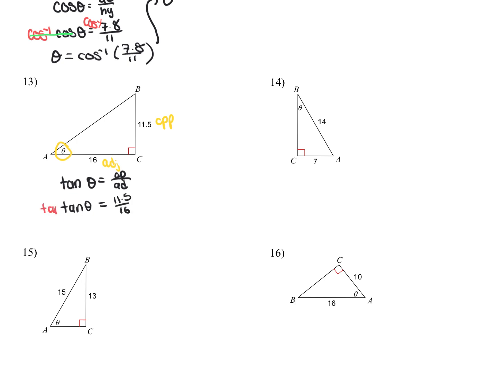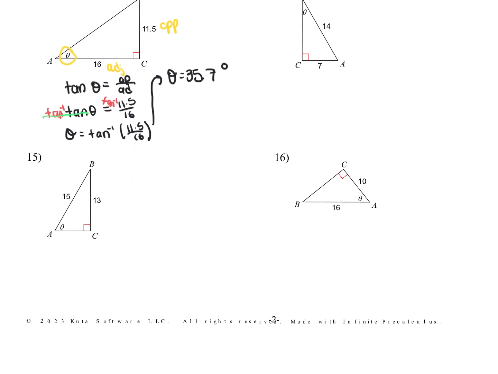You have to arctan both sides so you can get to that theta. So theta equals arctan of 11.5 over 16. And when I type that in the calculator, theta should come out to be 35.7 degrees.